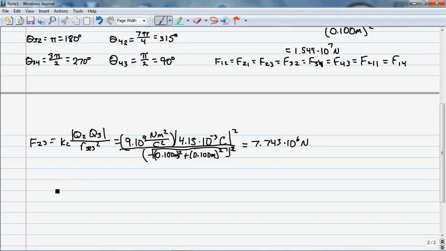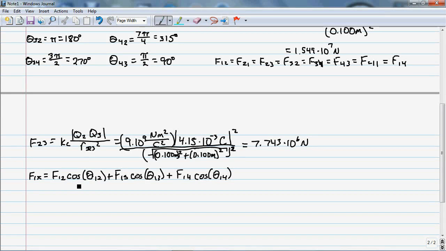So for our force on charge 1 in the x direction, we're going to have force 1,2 cosine theta 1,2 plus force 1,3 cosine theta 1,3 plus force 1,4 cosine theta 1,4, and that is our total x direction.